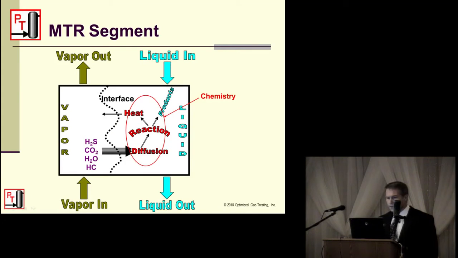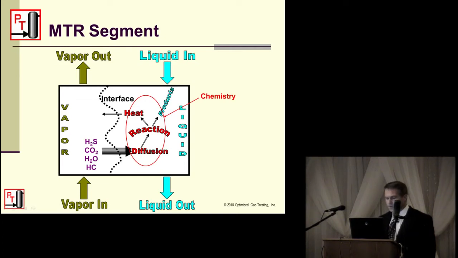In a real rate model, you see there's a lot more inside the box. It's not empty and white now. All the processes that are involved in mass transfer and heat transfer are included in the model. The gases have to diffuse through the vapor through a flexible interface, dissolve into the liquid through a process of diffusion.